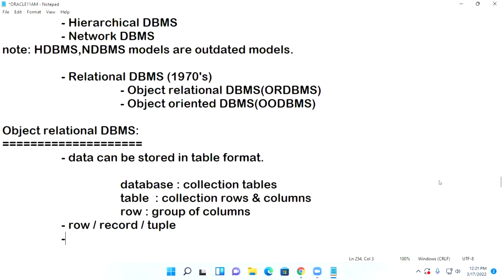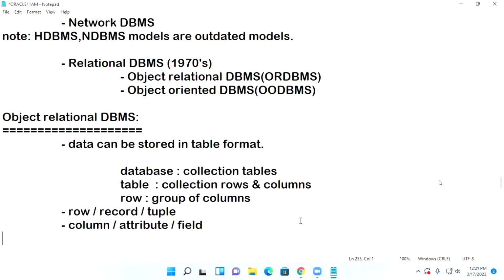And a column can be called an attribute or a field. So row, record, tuple, column, attribute, and field. With this combination we form a table, and all tables grouped together and stored in one memory, and that memory is called a database.